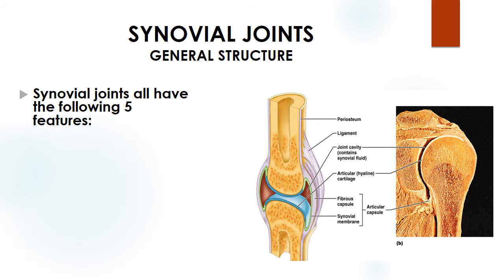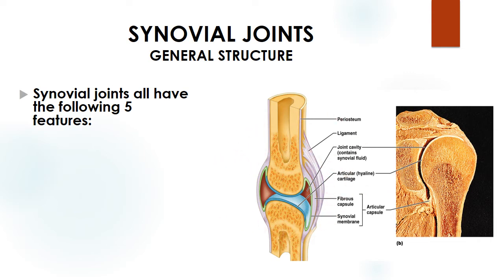So let's go all the way back to our coursework in osteology back in first year of chiropractic school. And let's take a look here at a typical representative synovial joint. This could be, for example, a finger joint. Looks a lot like a finger joint. They're relating it here to a shoulder joint, but this could be any synovial joint in the body.